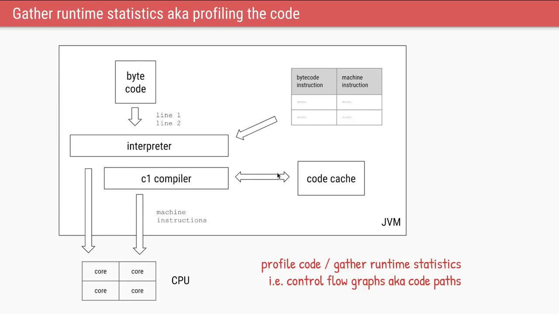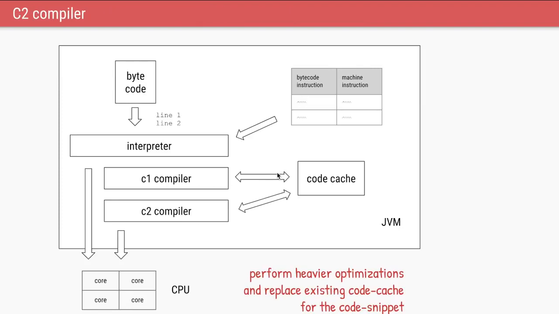So it will find the hottest paths of your code which are always executed. Once it has enough statistics that yes, this is the control flow, this is the code path that is always used in the application, it will ask this other compiler, the C2 compiler, to perform even heavier optimizations on that part of the code.